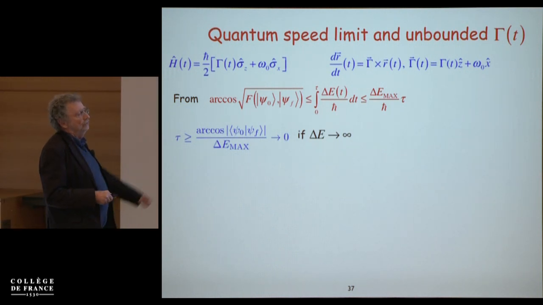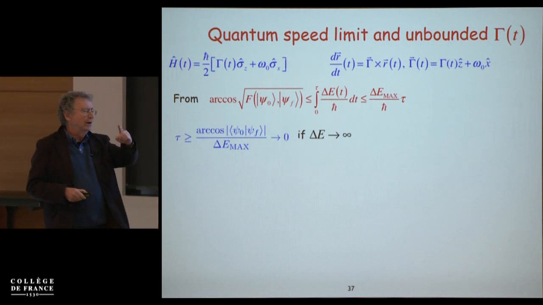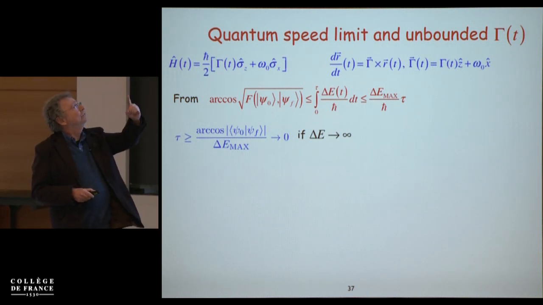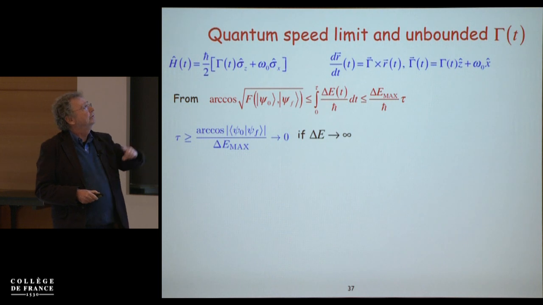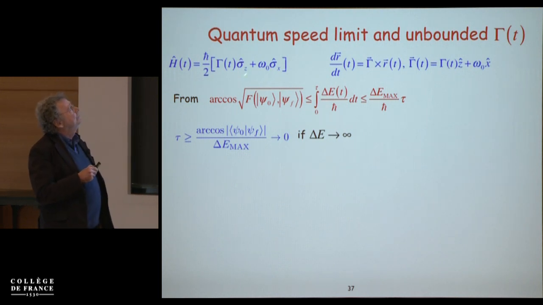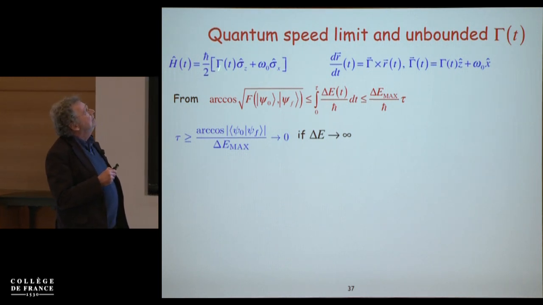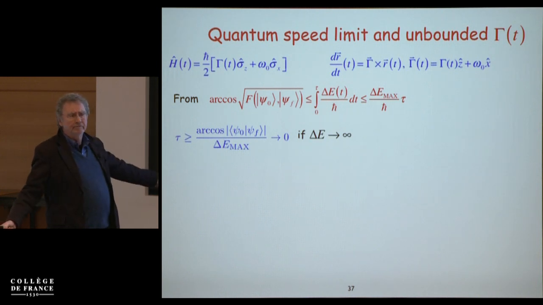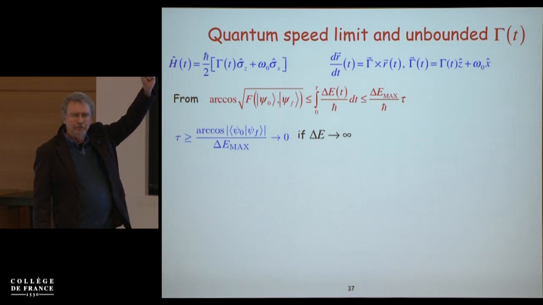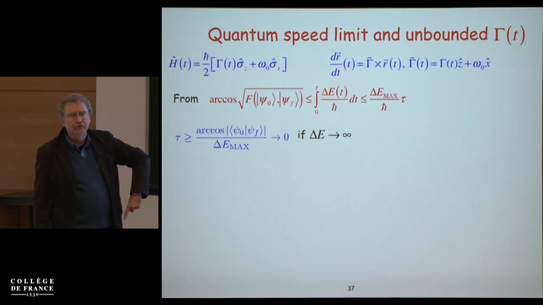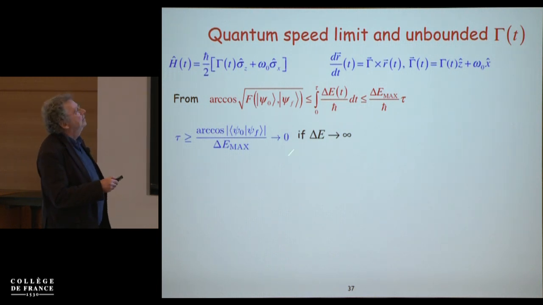Now, of course, if you have a path along the Bloch sphere, then this variance can be very large if gamma is unbounded. Okay? Because it will be a superposition of the up state and the down state, and that would be very large.